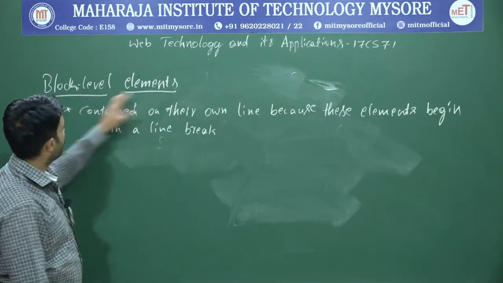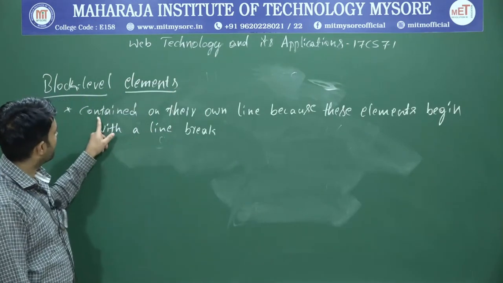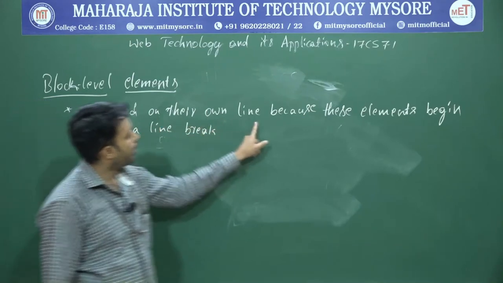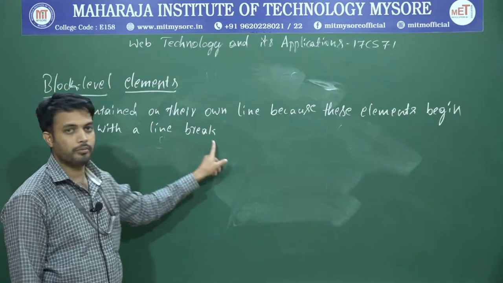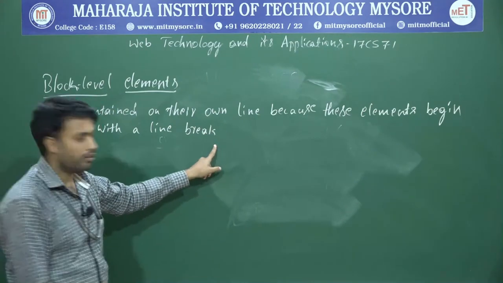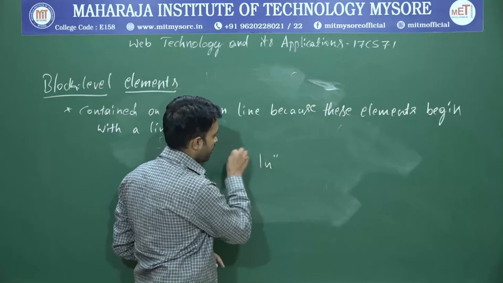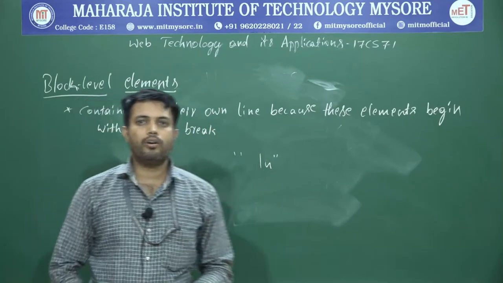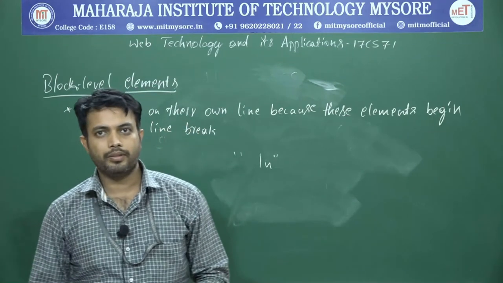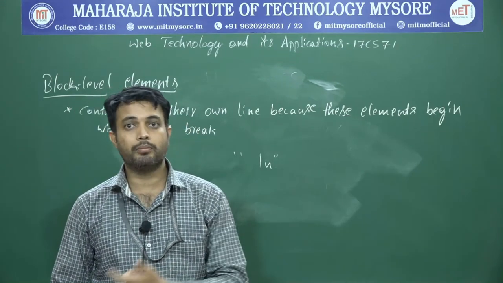The first one is block level elements. They sit on their own line because these elements begin with a line break. You have the backslash n in your C language, right? It is a new line character. Like that, all block level elements are defined with a new line character at the beginning.